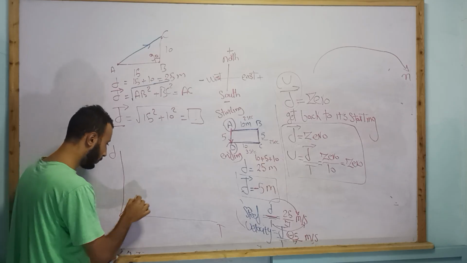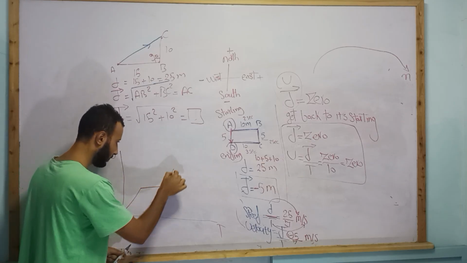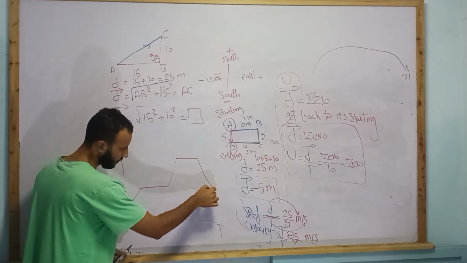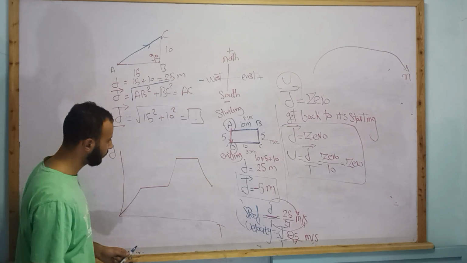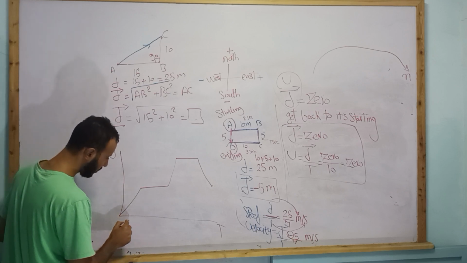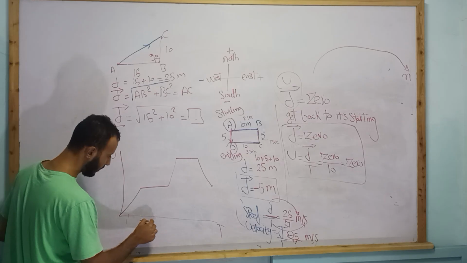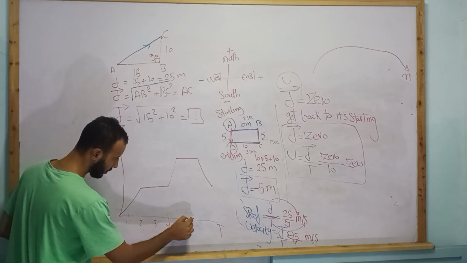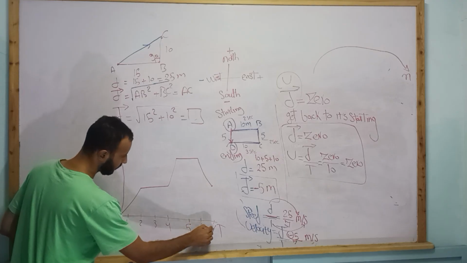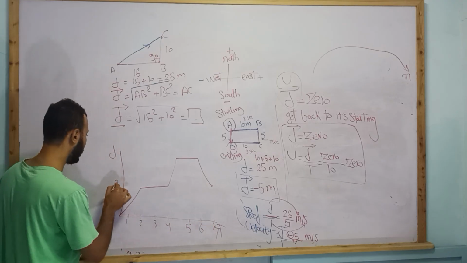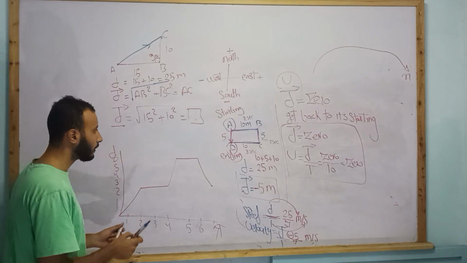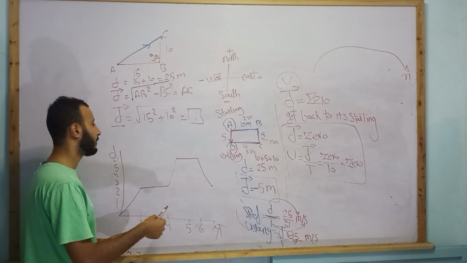Okay, and he moved like this, from here to here to here. 1, 2, 3, 4, 5, 6, 7. 1, 2, 3, 4, 5, 6. Okay? So, you have to describe the motion of this car.